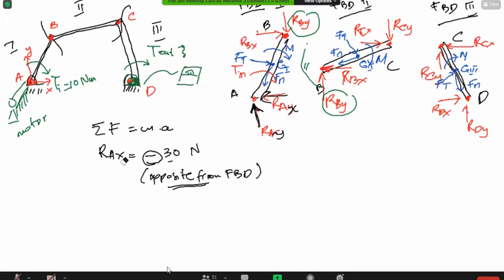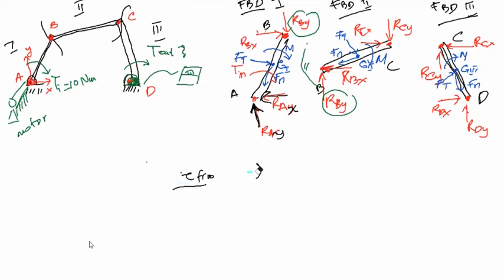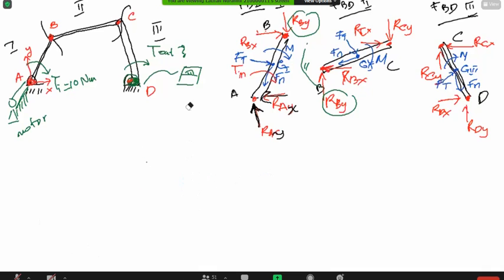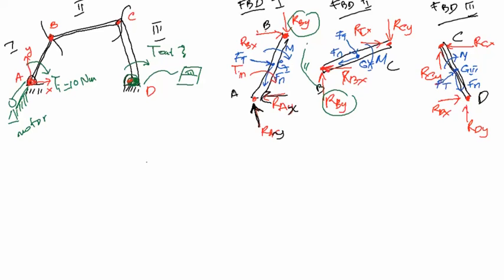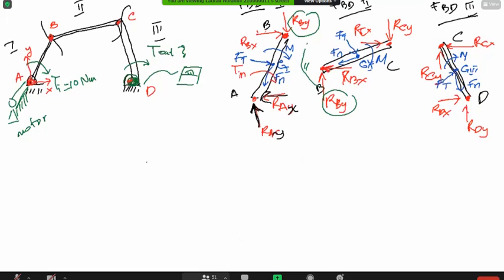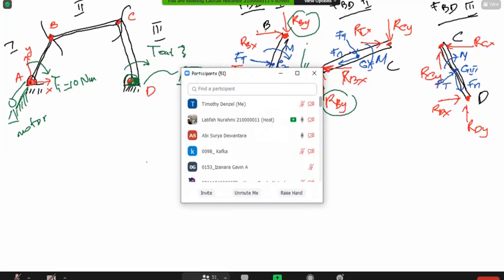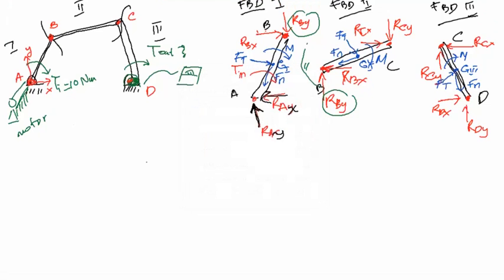Is there any other questions? Just shoot, just talk directly. I want to ask, if the question doesn't state the mass of the links, can we ignore the gravitational force, ma'am?